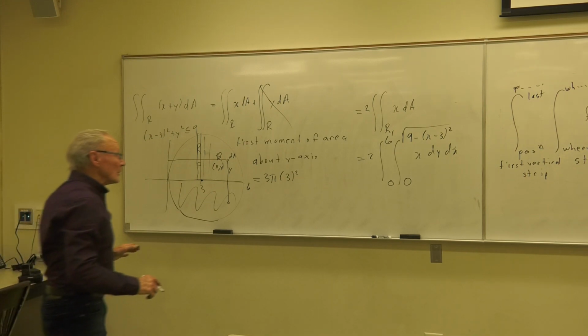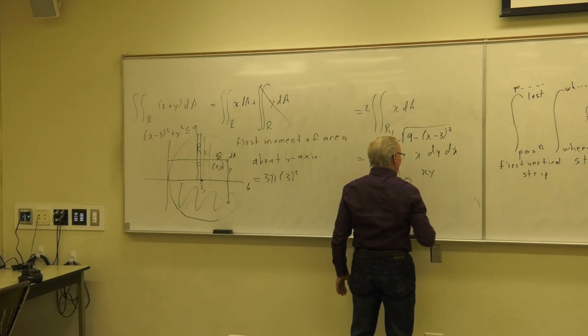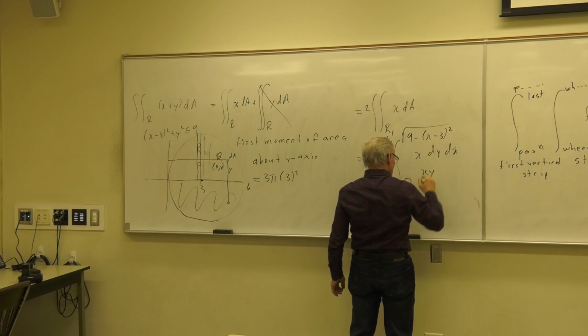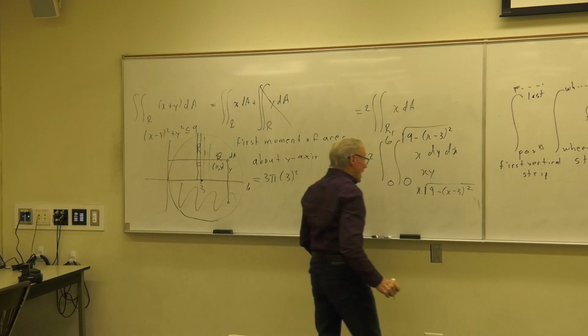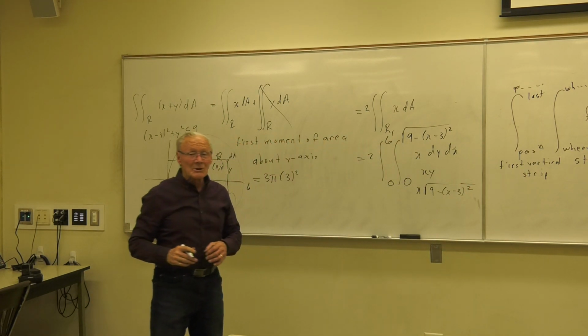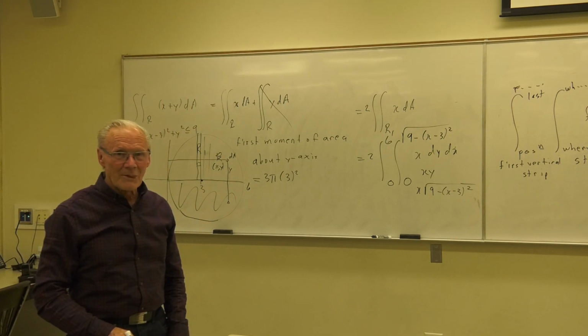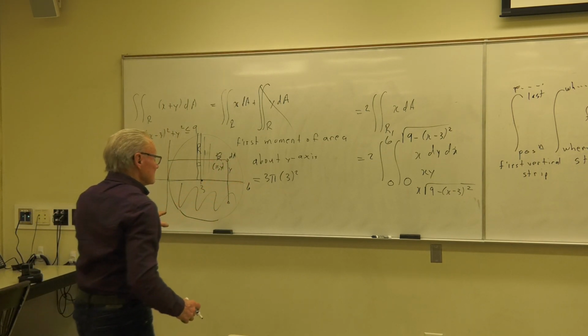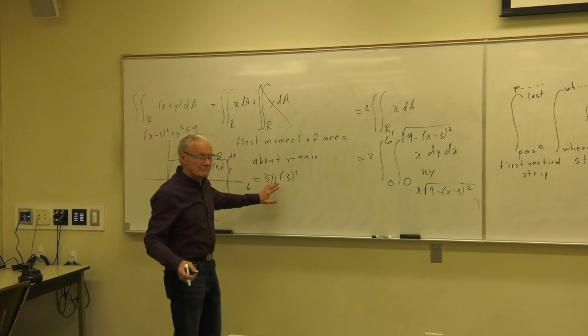If you integrate this with respect to y, you're going to get xy, and in for the y, you're going to put this, and you're going to get 9 minus (x minus 3) squared. And now you're going to be using a trig substitution to finish that problem. So do that. I'll leave you to finish it and see if you get this same answer.